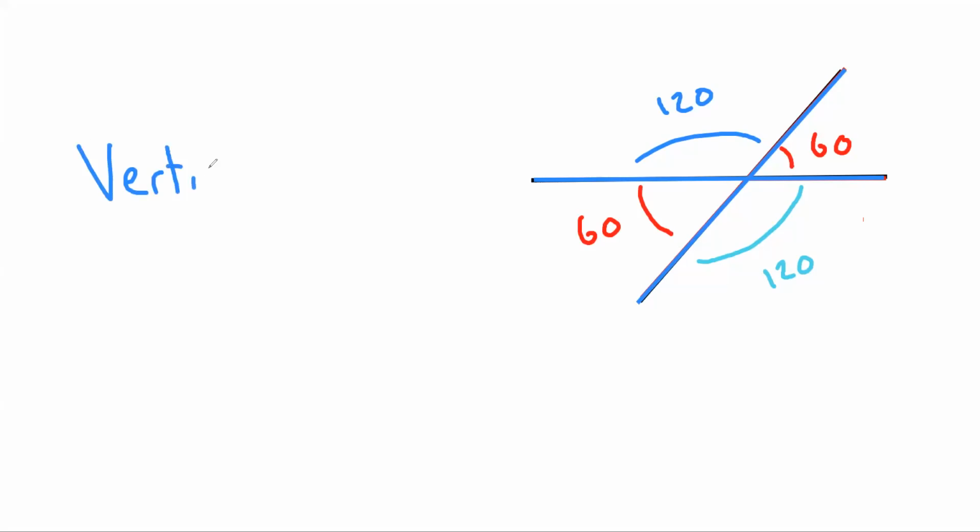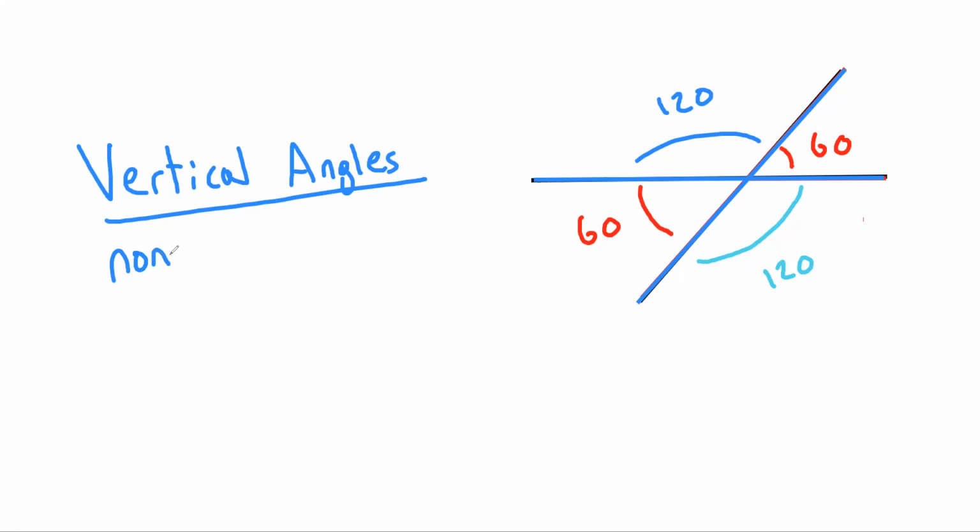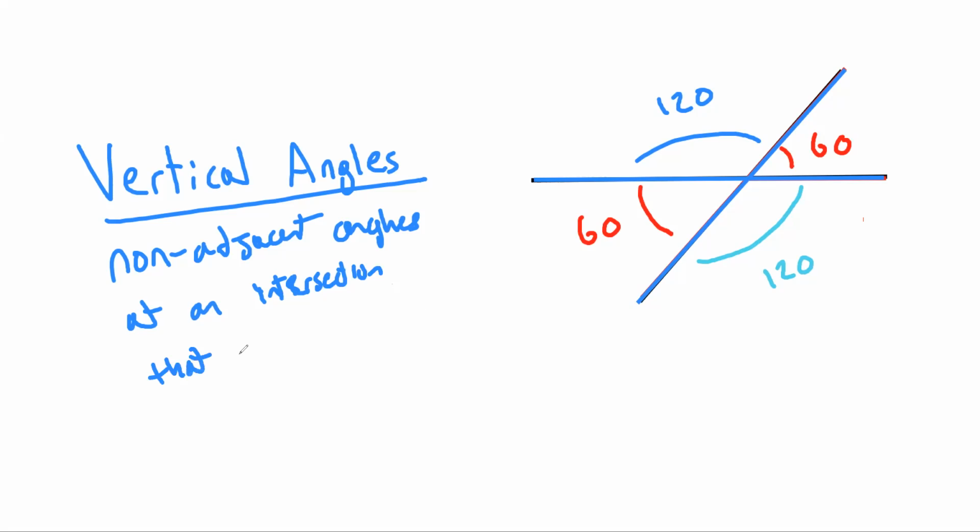You can always do this by just doing two linear pairs in a row, but it goes a lot quicker when you recognize that vertical angles are non-adjacent angles at an intersection of lines that are congruent. Okay, and remember, congruent here meaning equal angle measures, right? So the non-adjacent ones, the ones across from each other, are congruent to each other. They have to be the same angle value.